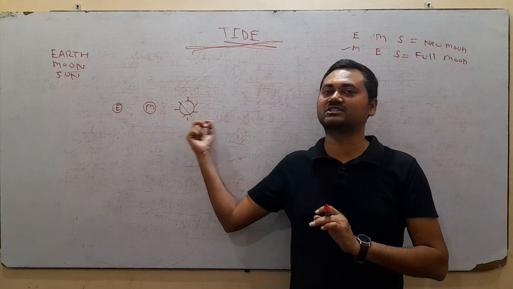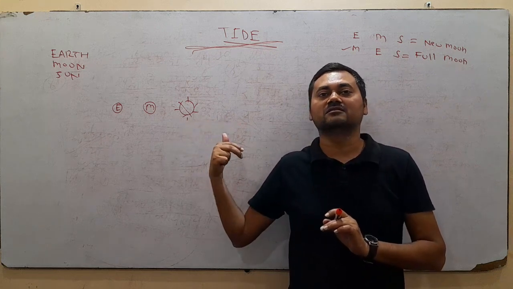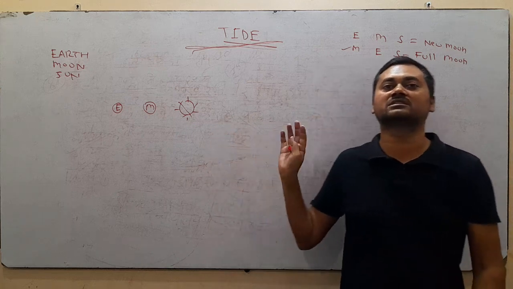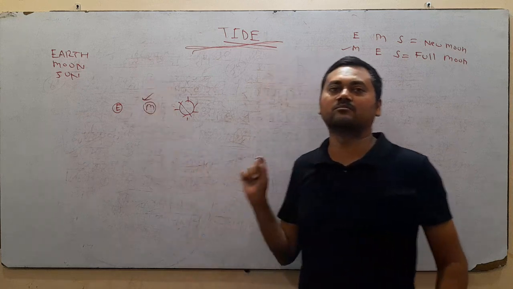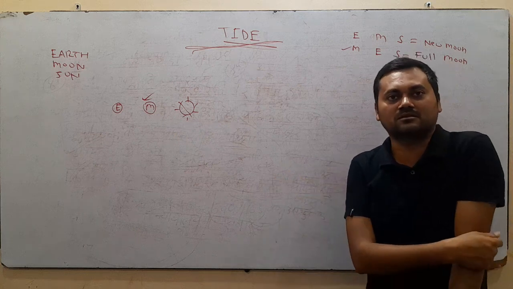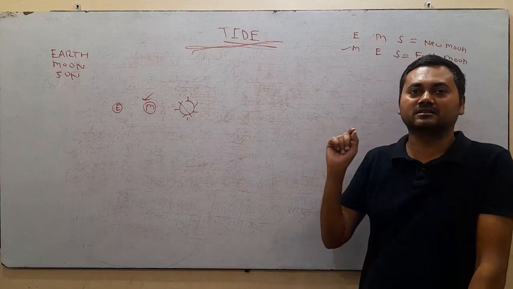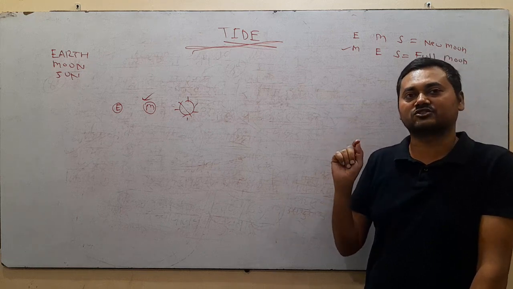So because of the distance of the sun, although it has a huge gravitational force, the most fundamental role, you can say, the moon is playing here. However, sun and earth are also significant, but the moon is one of the most crucial factors behind the generation of the tide.